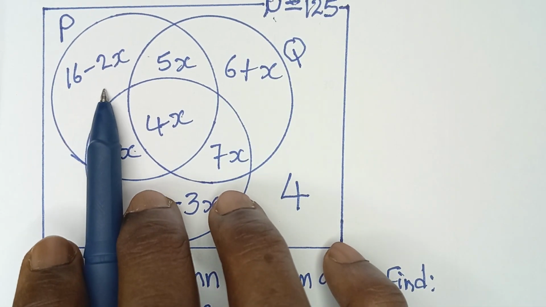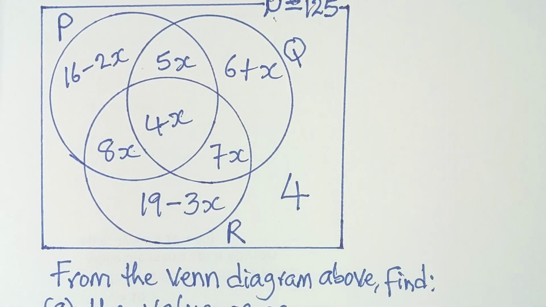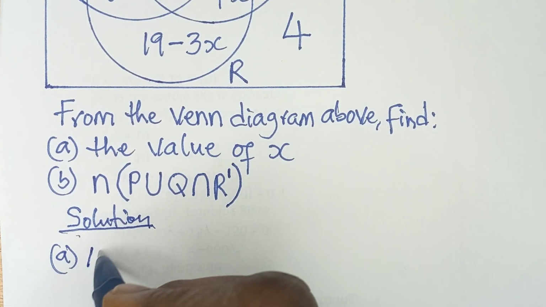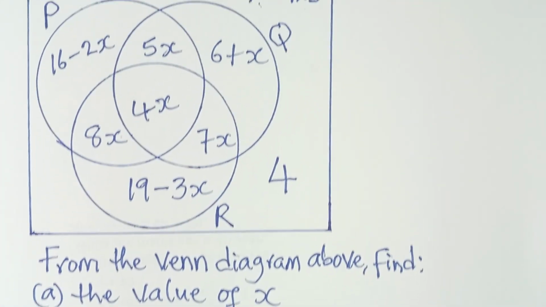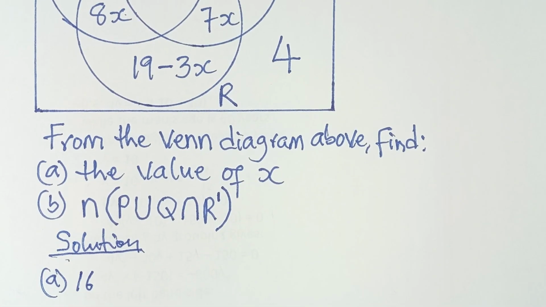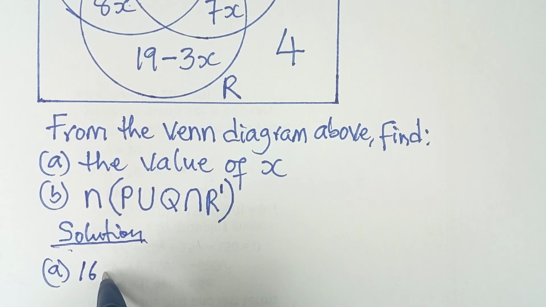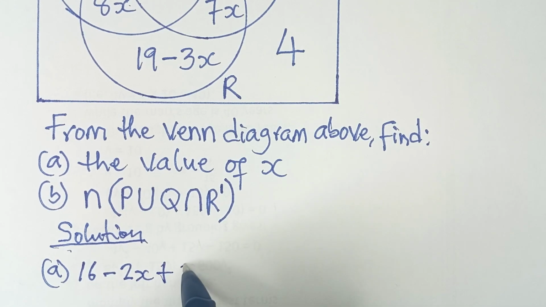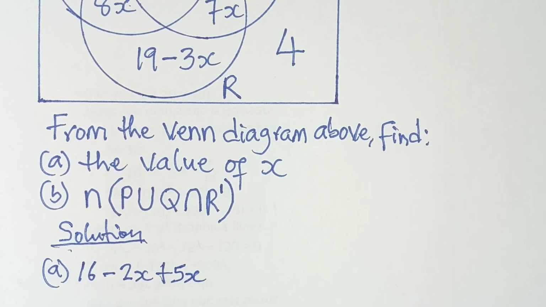Let me write them down. I have 16 minus 2x, and 5x. So 16 minus 2x, and then another one is 5x, so we add it to the 5x.